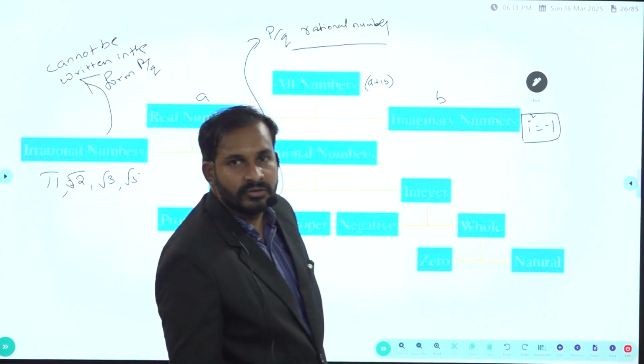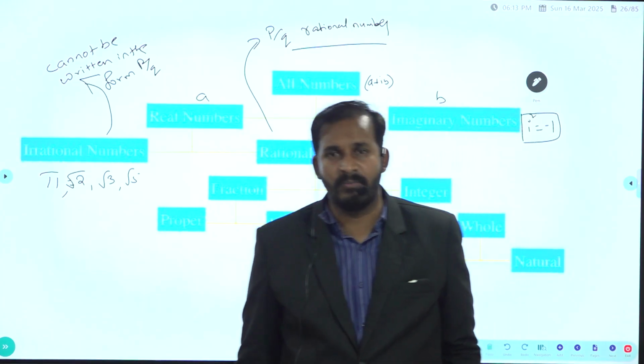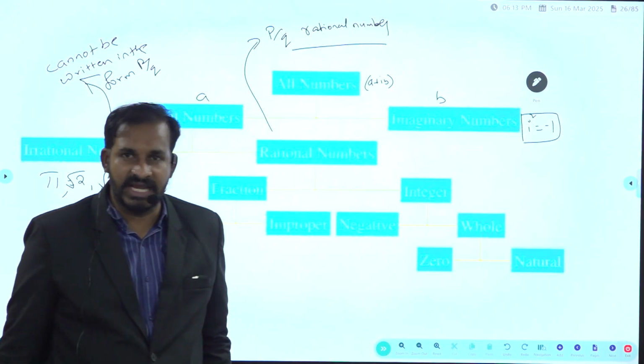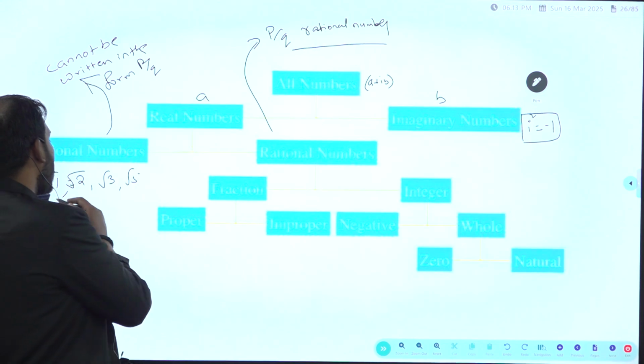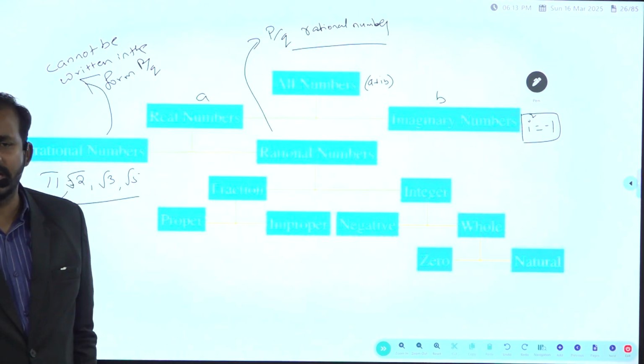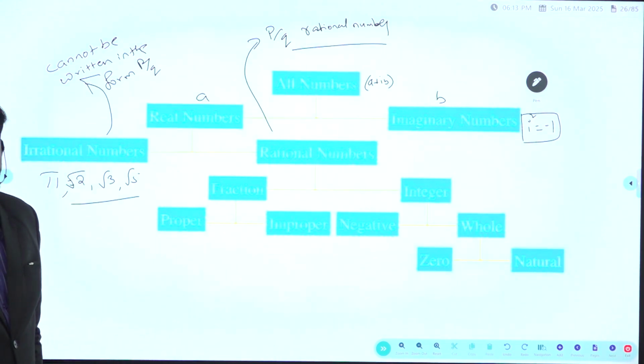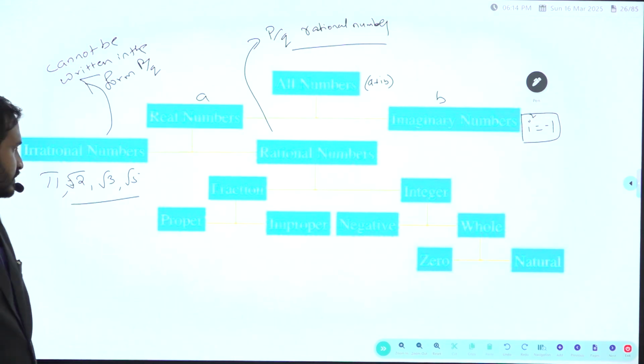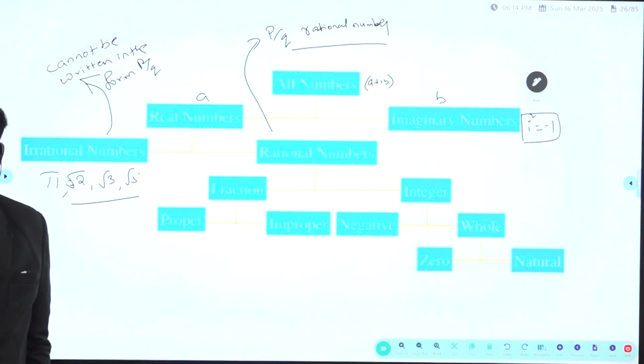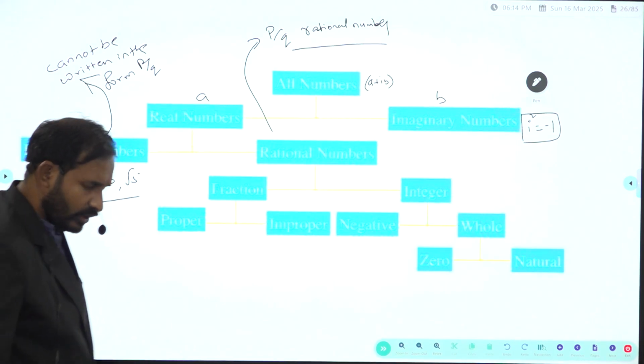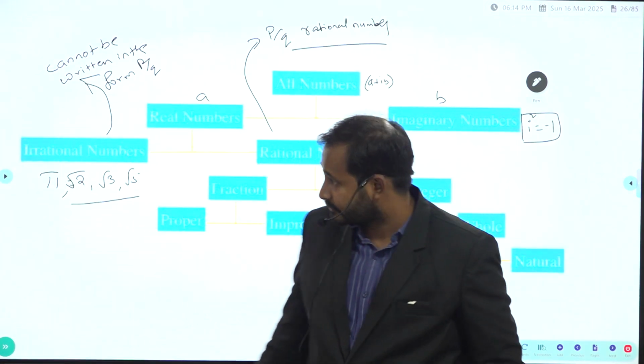Don't say that root 2 is 1.414; that is just an approximated value, not an exact value. For calculation sake we do that, but they are not perfect values. So pi, root 2, root 3, root 5 all come under irrational numbers.